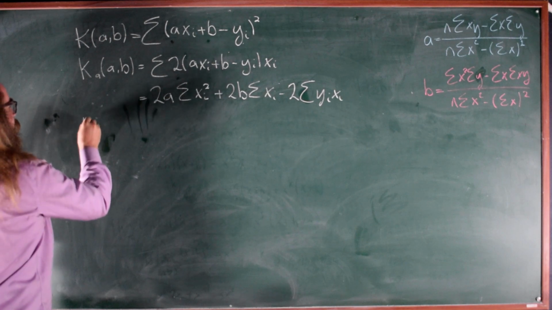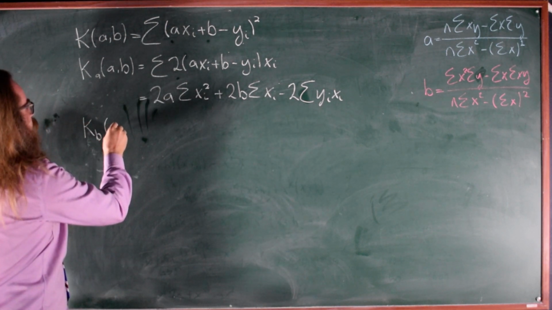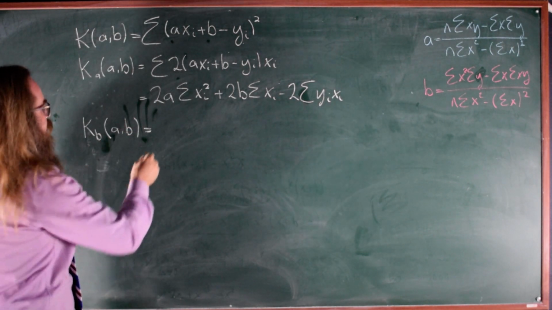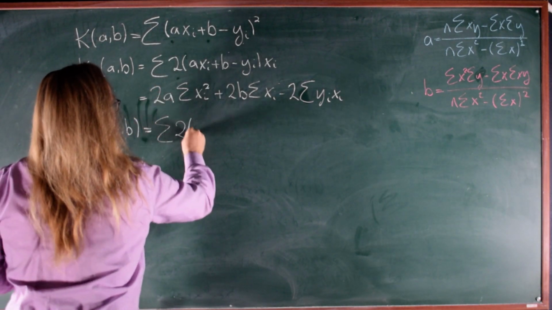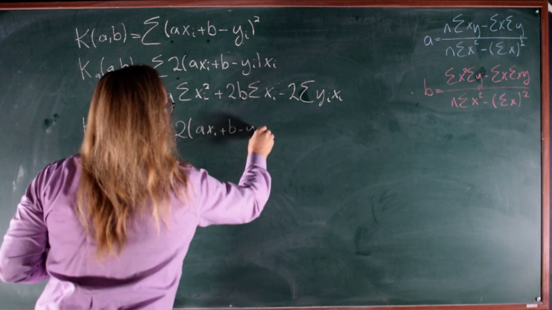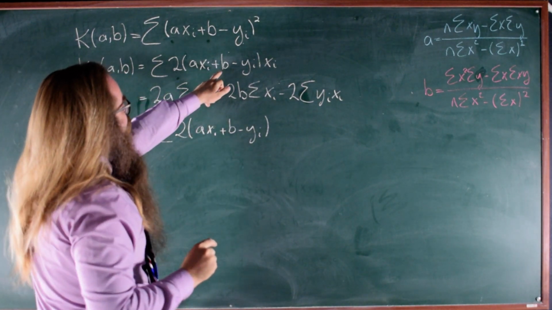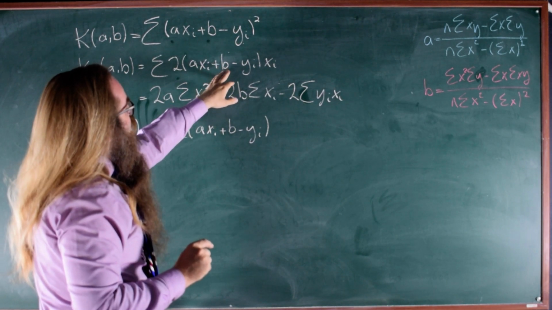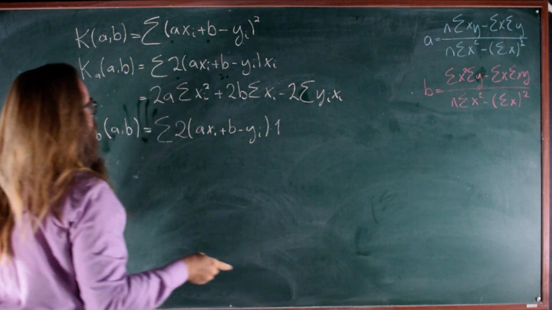So let's do the next one. Let's do the b partial derivative. Again, the same thing. We get the sum. We get the same outer function, so that's just a x_i + b - y_i. But now the inner function differentiated with respect to b just gives a 1. We're just going to multiply by 1 here, but it doesn't do anything.